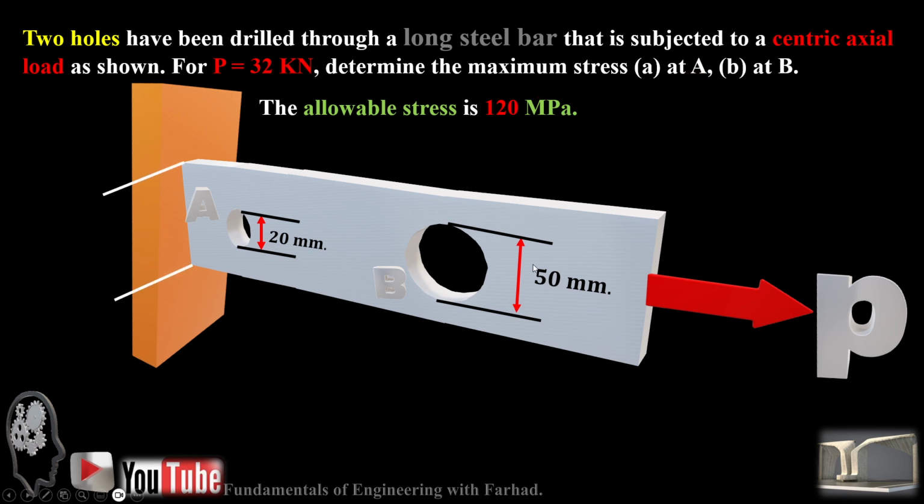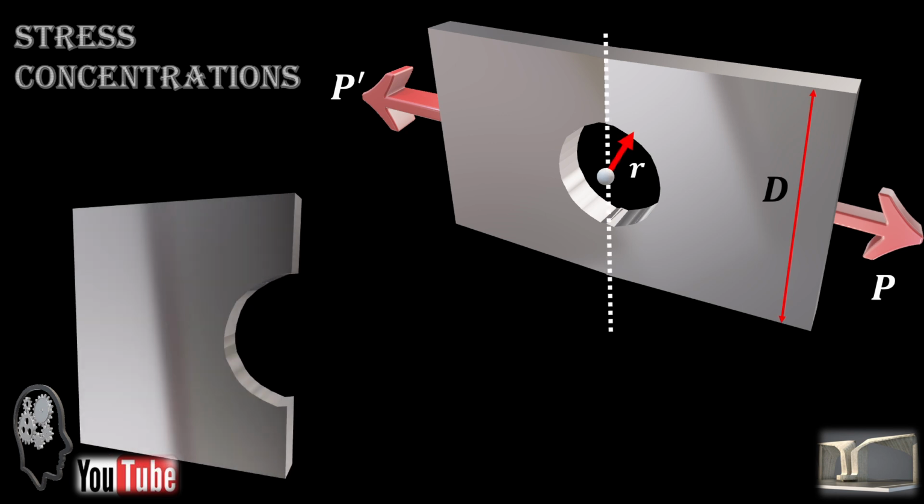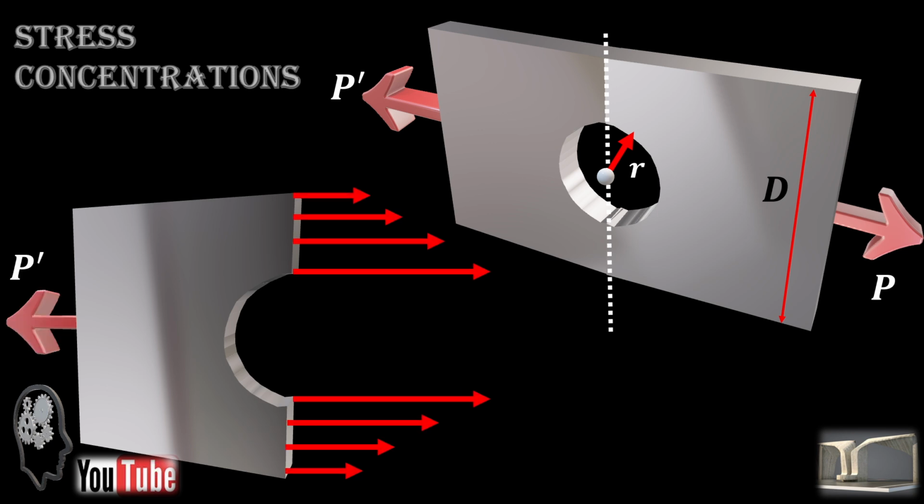If you remember, we talked about the stress concentration near a circular hole in a plate. You can see the radius and width of the plate are given, and when we apply a pulling force, the stress concentration in the vicinity of the hole is much higher than in the farther area.